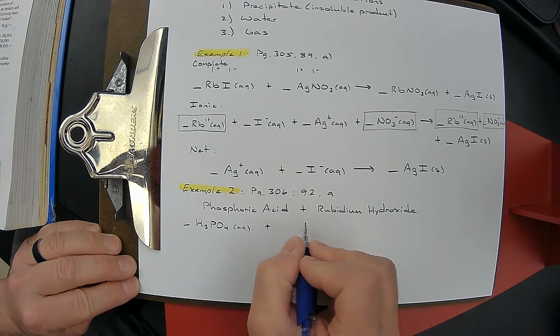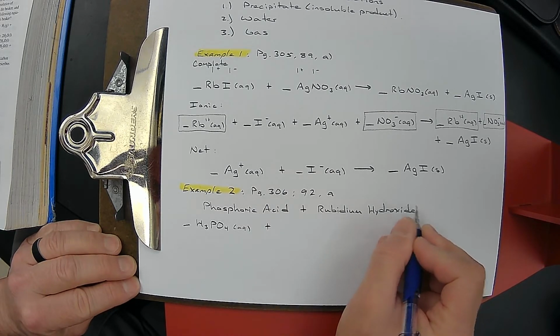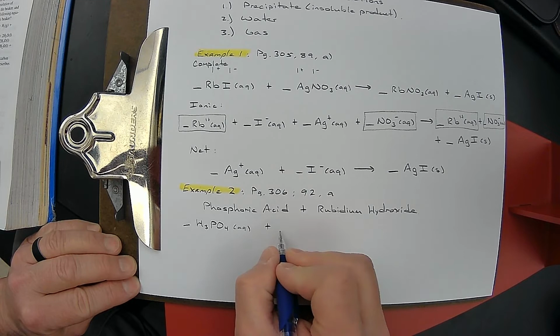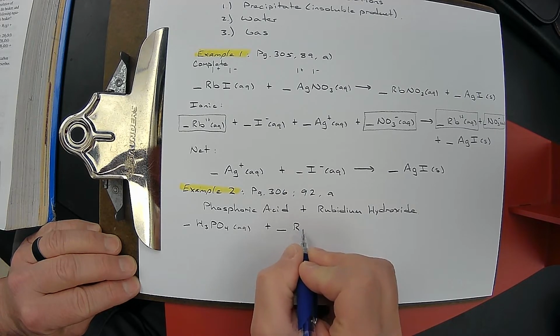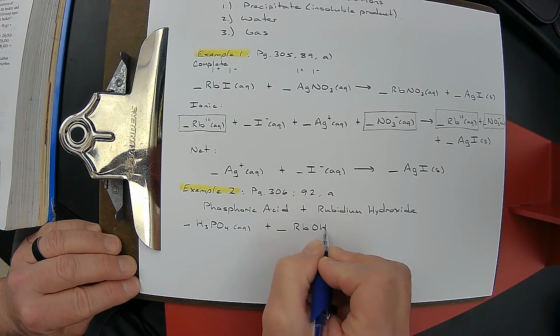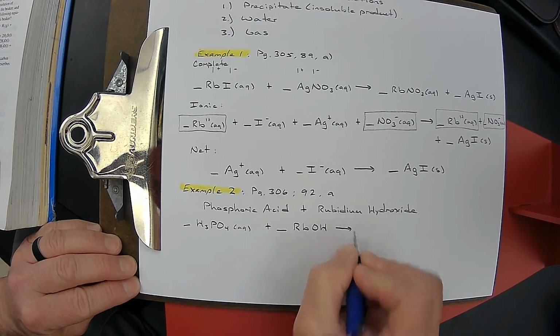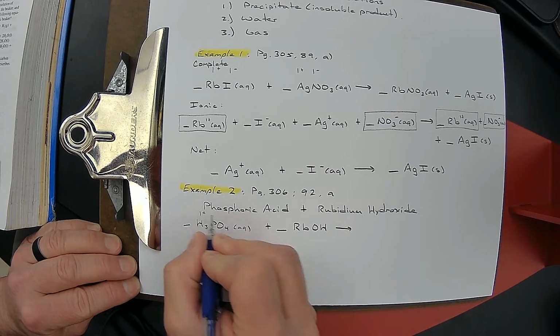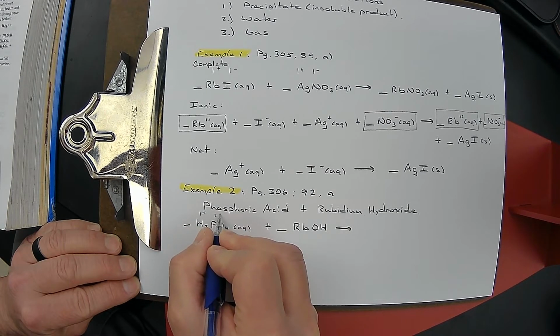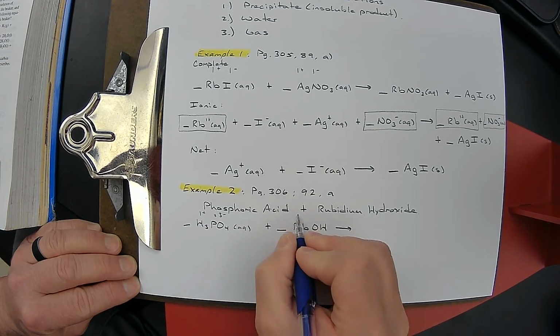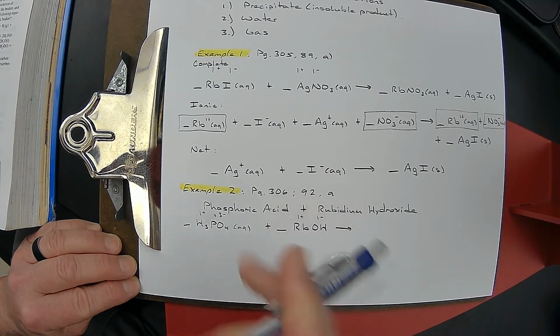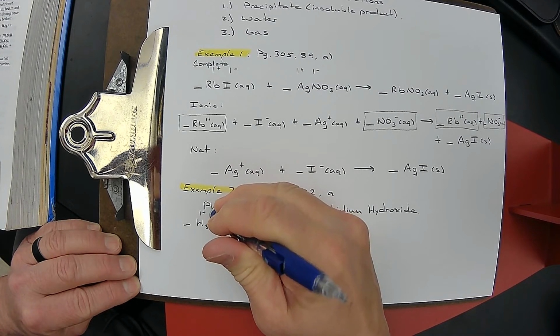Rubidium is a 1+. Hydroxide, even though it ends in IDE, it is on the back side of the periodic table as an OH minus. So this is a 1+, PO4 is a 3 minus, a 1 plus and a 1 minus.